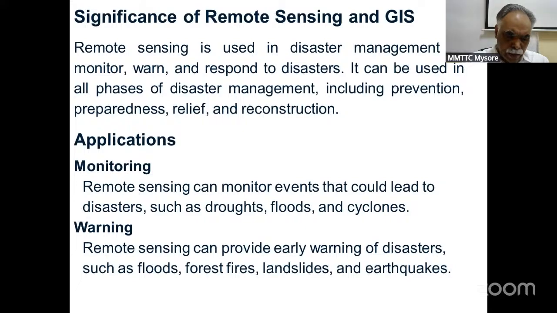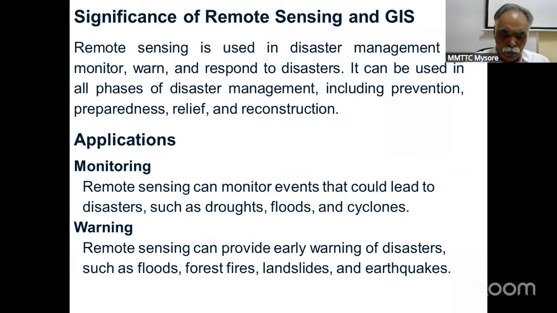With this, I wanted to stop talking about the various aspects of disaster. Now I'll be moving on to how disasters are managed in today's world with the help of remote sensing and GIS applications.